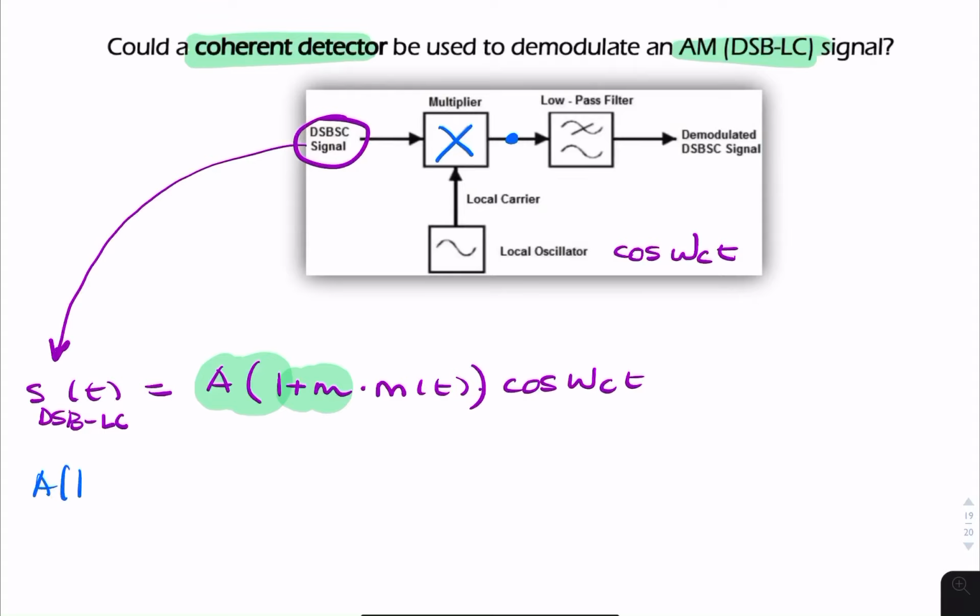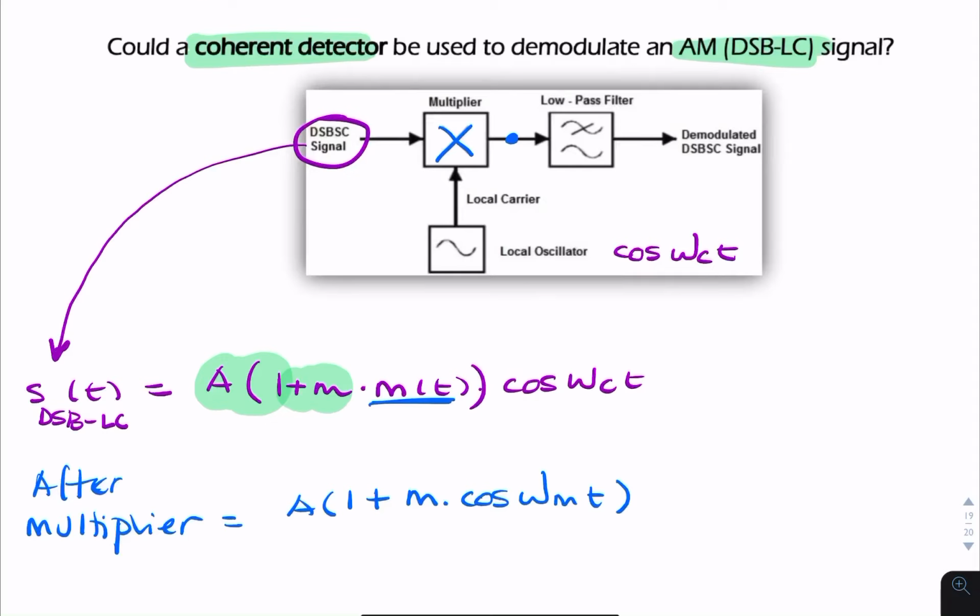After the multiplier, we'll simply have the same signal, 1 plus m. I'm going to replace m of t with cosine omega mt. So that's a simple single tone message.